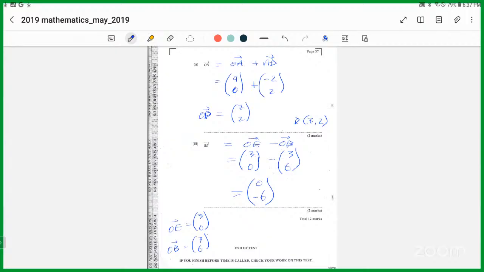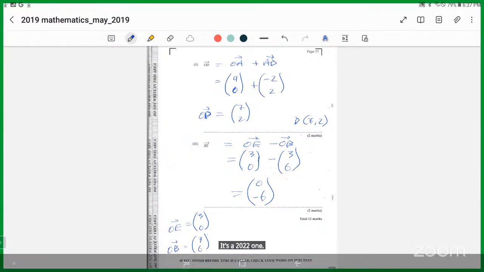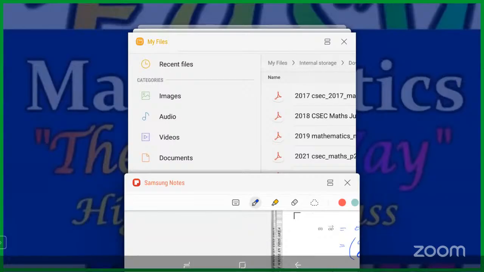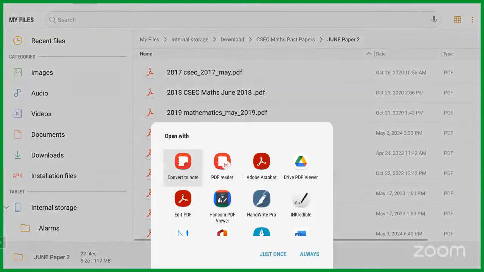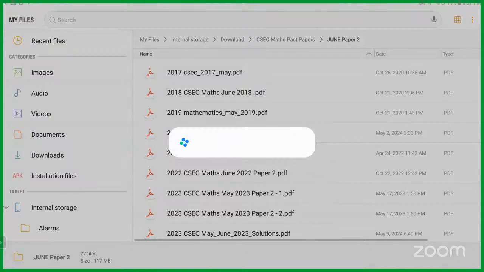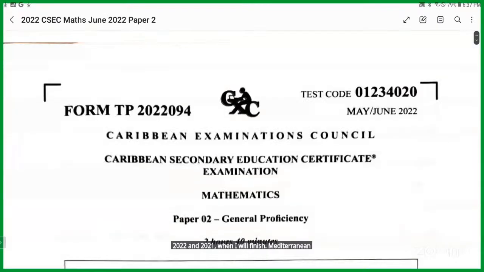So we're going to do one more, or at least maybe one more. Let's do 2022. More maths equals better maths. 2022 and 2021 I never finished.